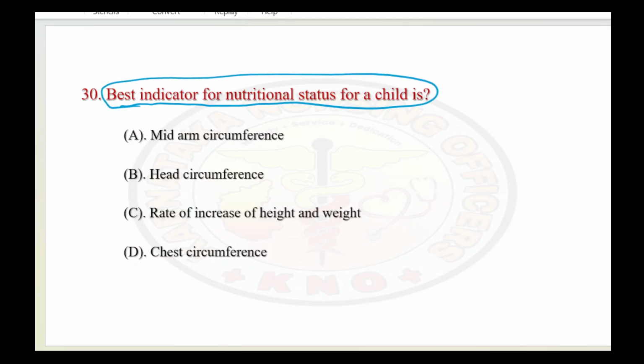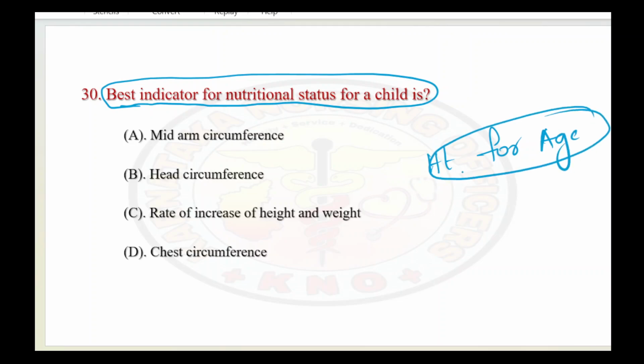So the last question in this session is the best indicator for nutritional status of a child. To find out the nutritional status of a child, you have to check the height for age. So height should be there. Apart from weight, weight is secondary. Height will be primary.